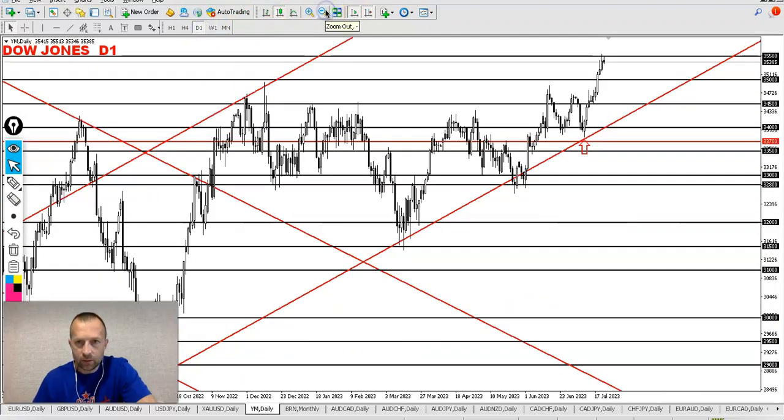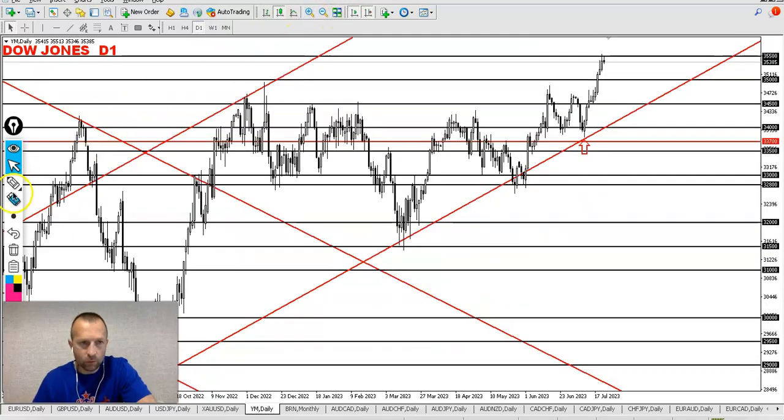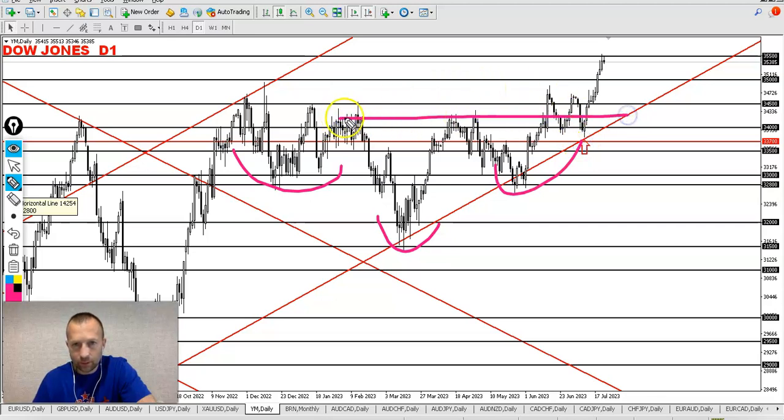You can see price in the ascending channel doing very well, and moreover here we have a head and shoulders pattern. You can see its left shoulder, its head and the right shoulder, and now we clean the neckline, or even here. I would put the neckline here.